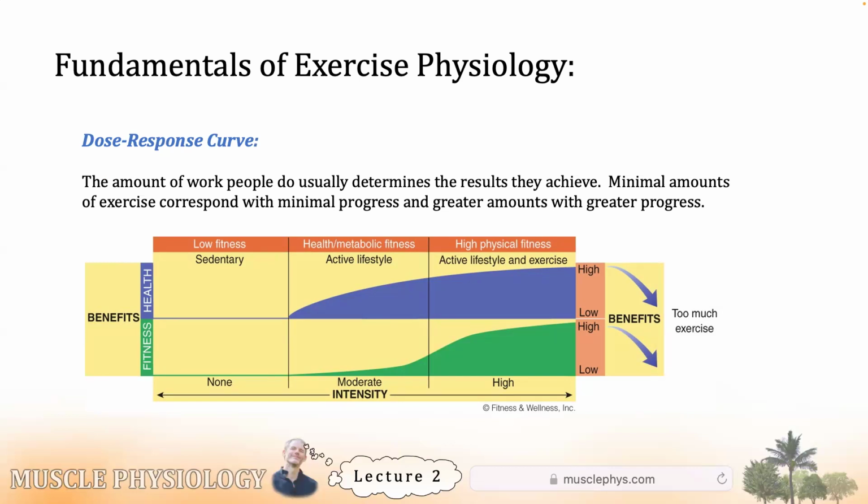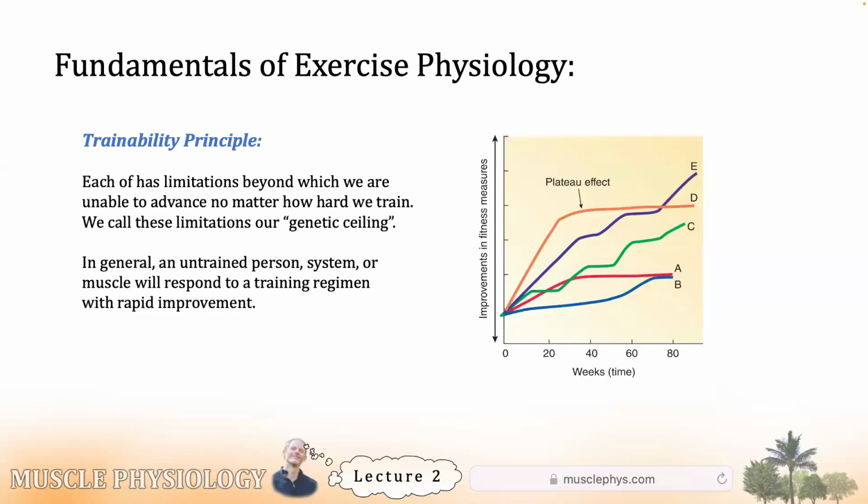But in addition to the invest more, get more phenomenon, we also see diminishing returns with too great of investments. If you're over investing, there are potential consequences, but we'll save that topic, overtraining, for the end of this lecture.